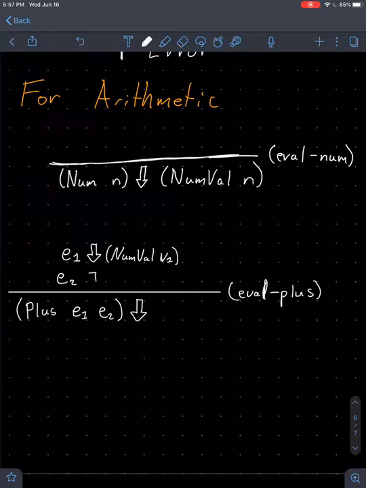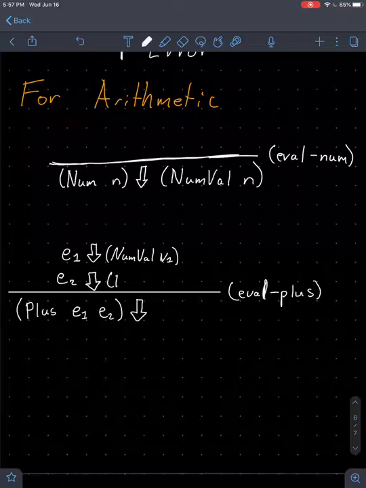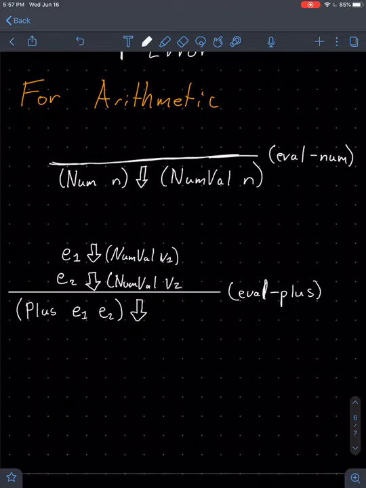Yeah, so same thing for E2. And now down bottom, because I have a V1 and a V2, they're both numbers, I can, as my output, put a num val. And here I'm going to do V1 plus V2. Okay.